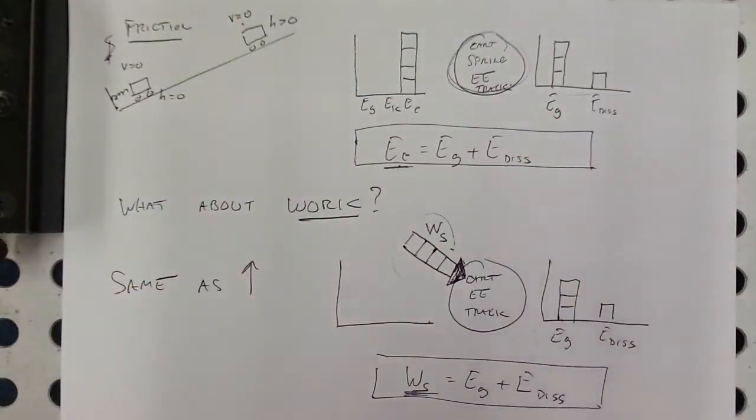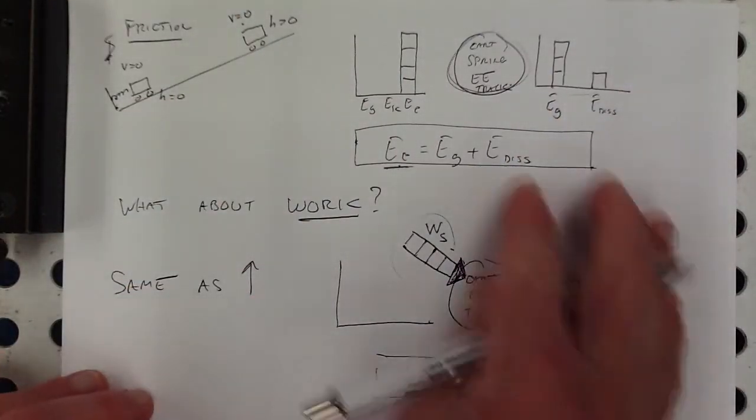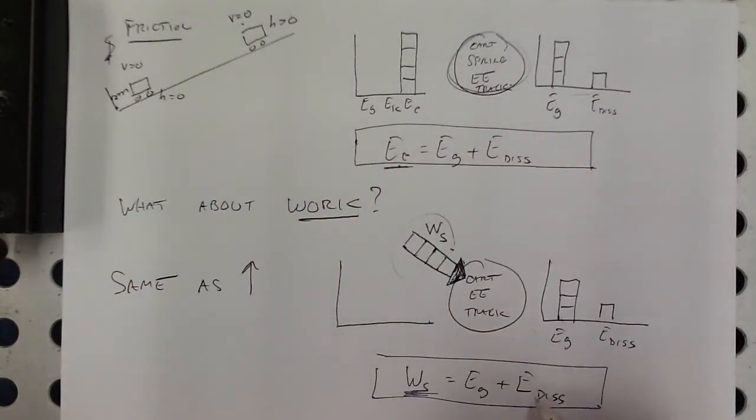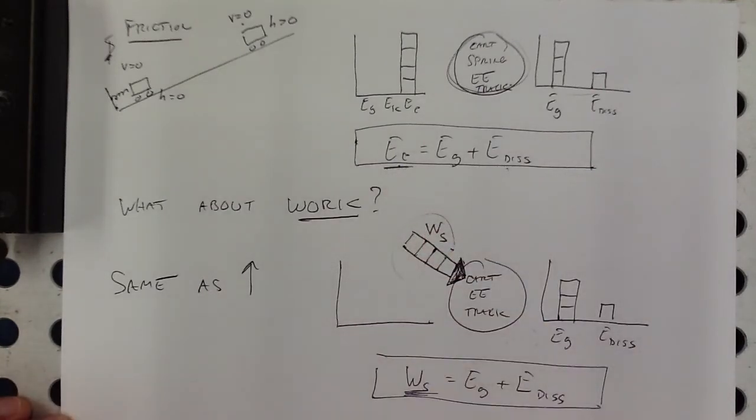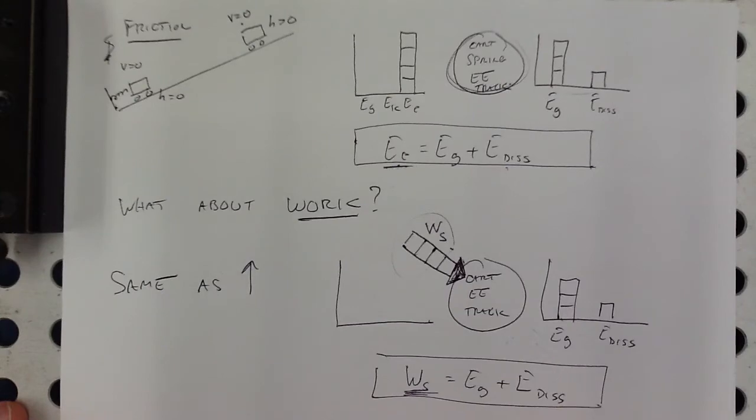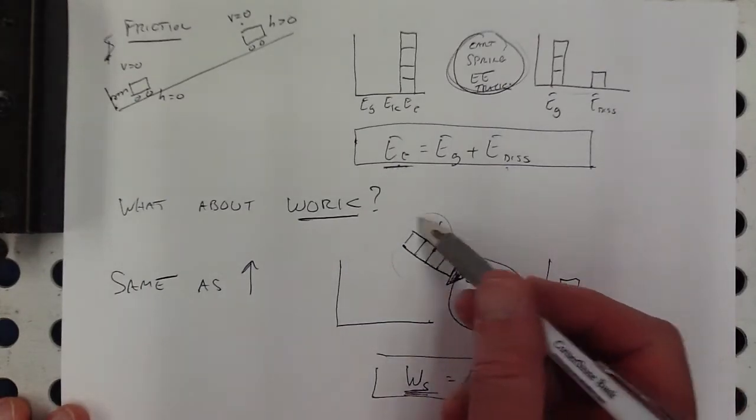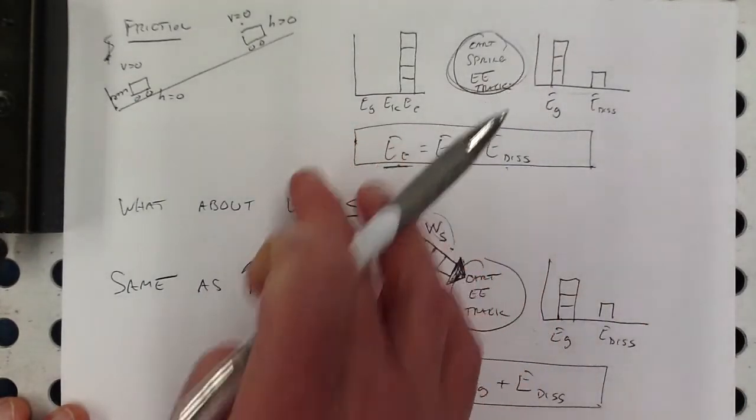The math is going to be exactly the same, and if we're trying to figure out how much energy was dissipated, once we get to the point where we have some mathematical models for these things, then we'll be able to do some stuff with numbers. So that's what it looks like when something is outside the system.